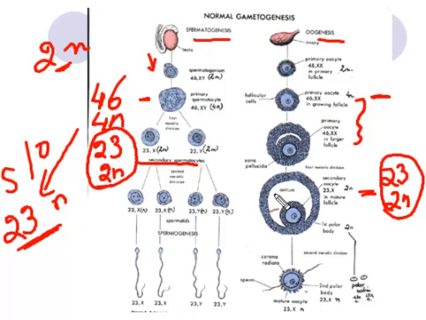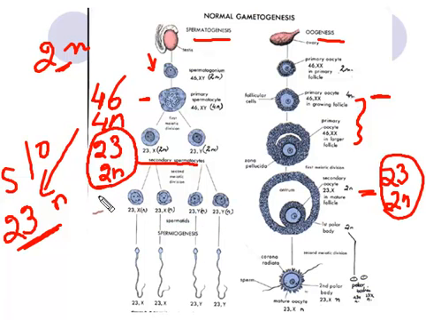Now, in the female, the secondary oocyte, only if it is fertilized will the process of oogenesis continue. Otherwise, this secondary oocyte is the one that is liberated into the peritoneal cavity at ovulation. If it's not fertilized, it just passes out of the body. In the males, however, the process continues. So the secondary spermatocyte then forms spermatids.